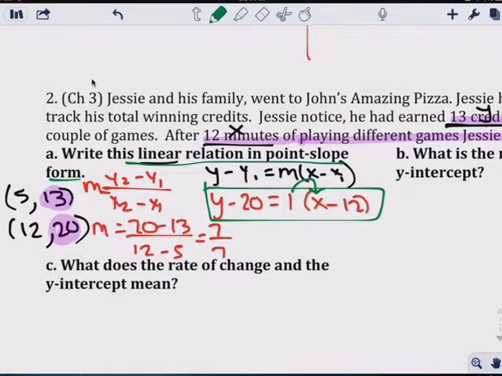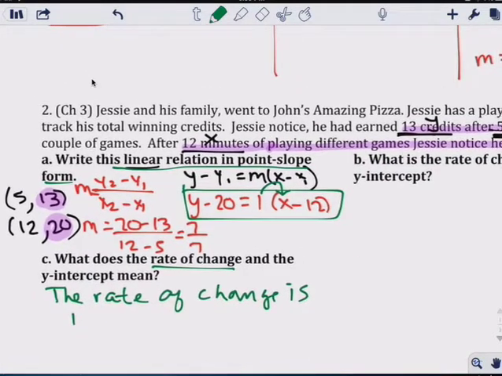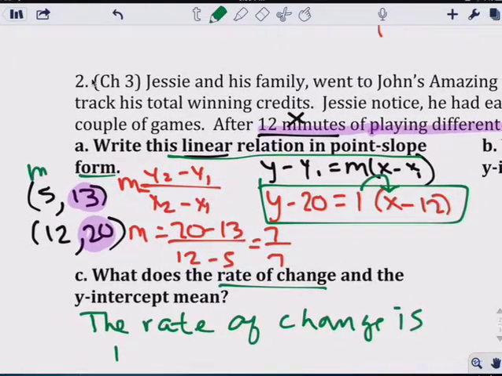What are the rate of change and what does it mean? Okay, the rate of change is 1 over 1. The rate of change is 1. Okay, that means for every, okay, this is minute here.